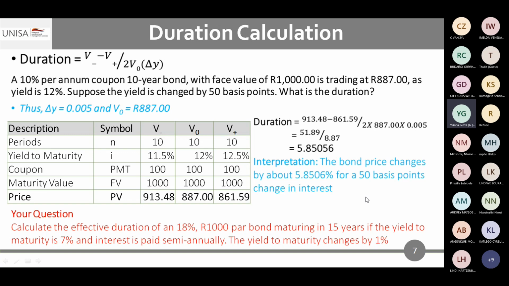I hope that helps. Then you change your yield, compute present value again, and you'll get your 3 different present values for the different changes in yields. But as you can see from the table, every other value stays the same.